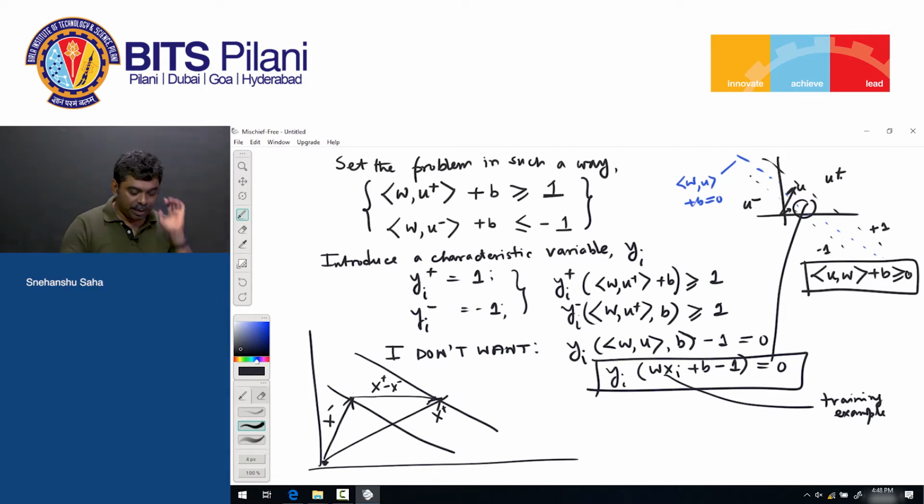But what you do here is that you have to have the minimum distance. There are multiple ways you can measure the width, but in order to measure the least distance between these two supporting hyperplanes, you would have to draw a unit normal. So how do I get the unit normal?